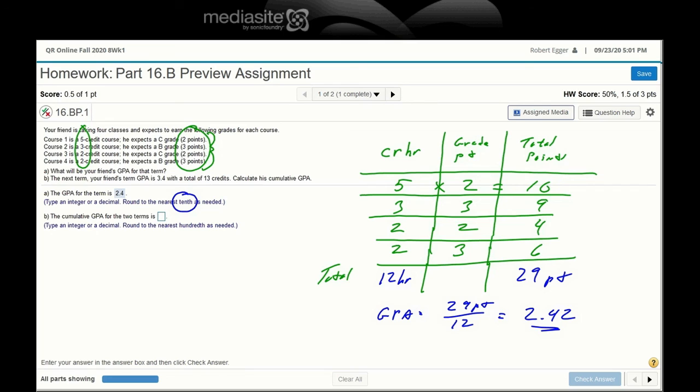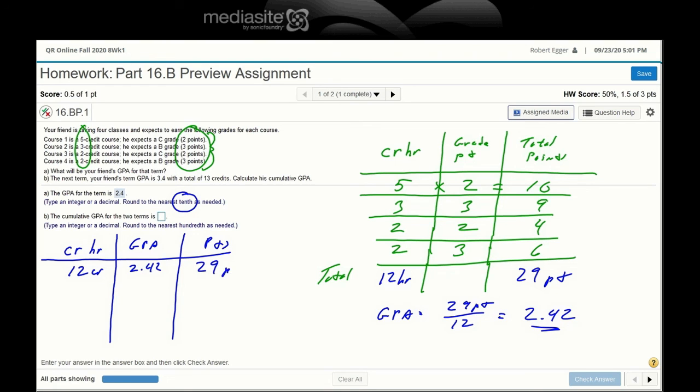Oh well. And in B I got disrupted. So in B, recall that we still did basically the credit hour, and now we did the GPA to get the points. And my first one, I had 12 credits, 2.42 GPA for 29 points.